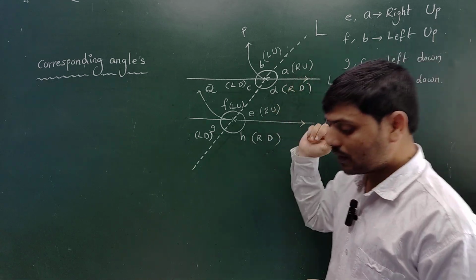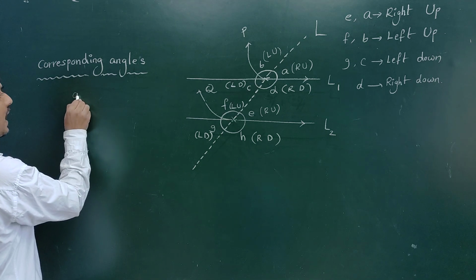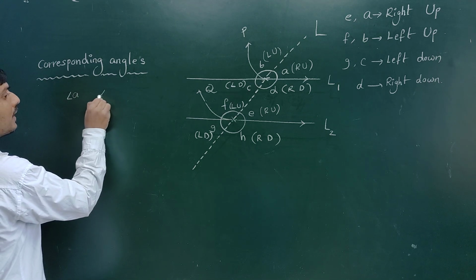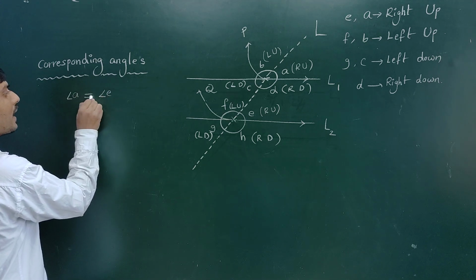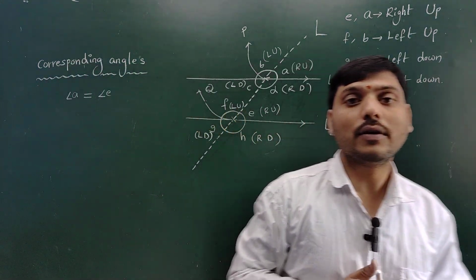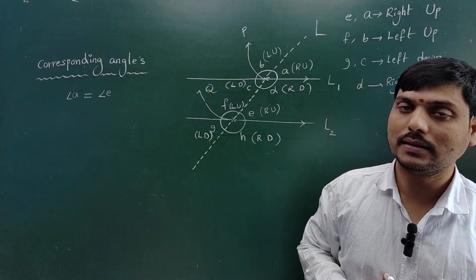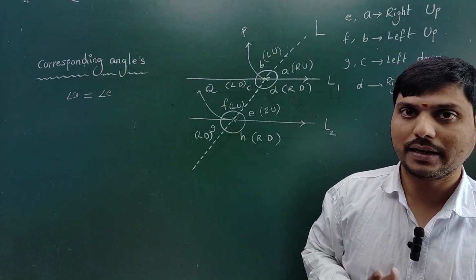Both are the same. So angle A and angle E are equal. This type of angle is called corresponding angles.